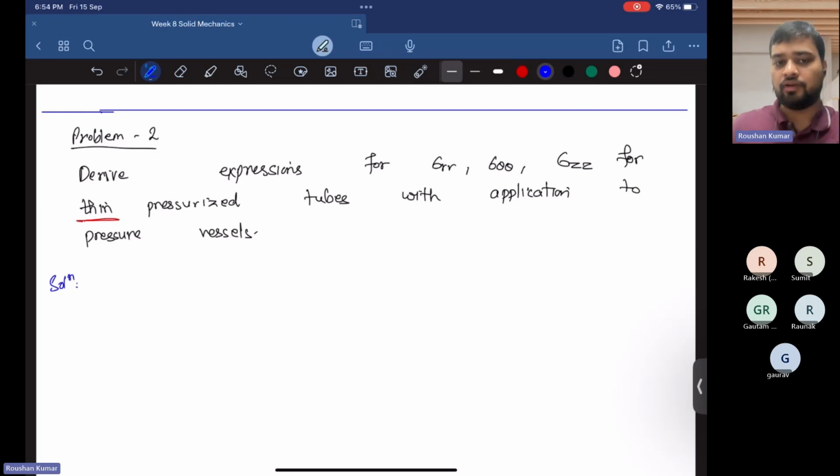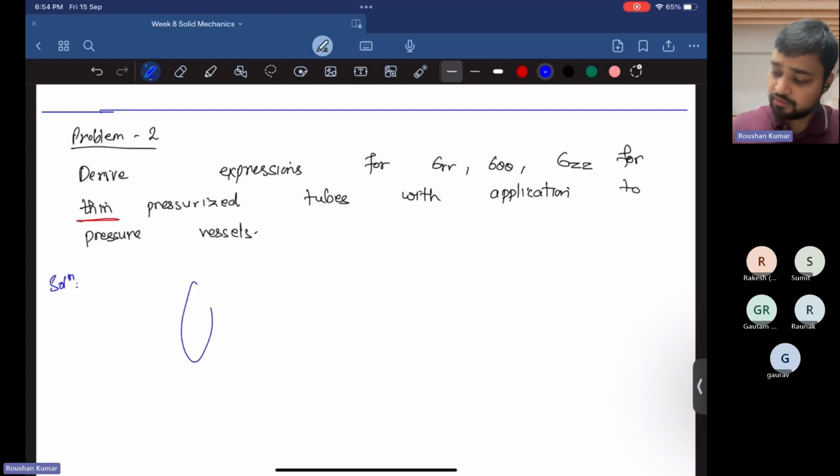Later on, I will completely derive the expression for the thin pressurized vessel without taking help from the thick case. So we will go through two different approaches: the first deduces the expression from the thick pressurized vessel, and the second completely derives the expression for the thin pressurized vessel.